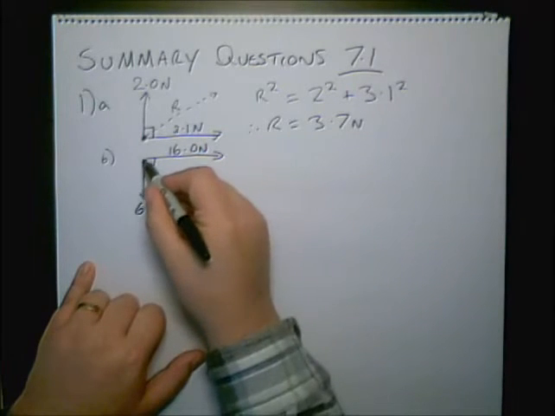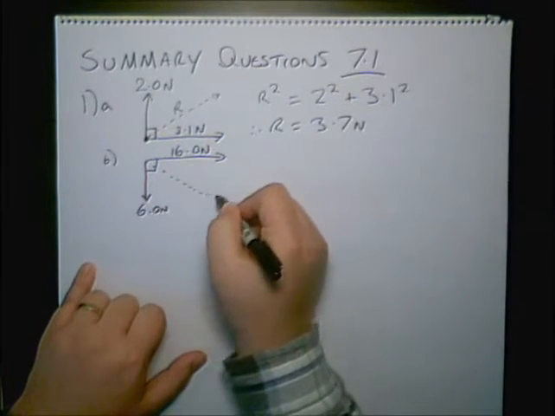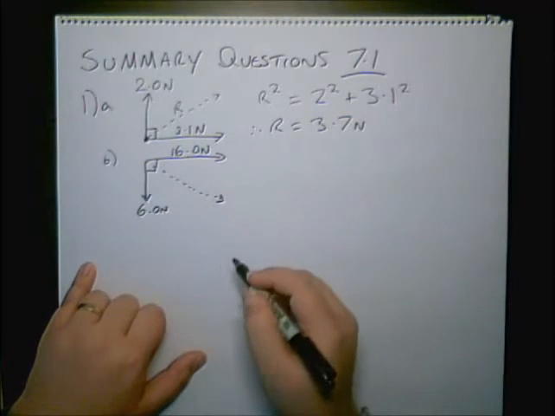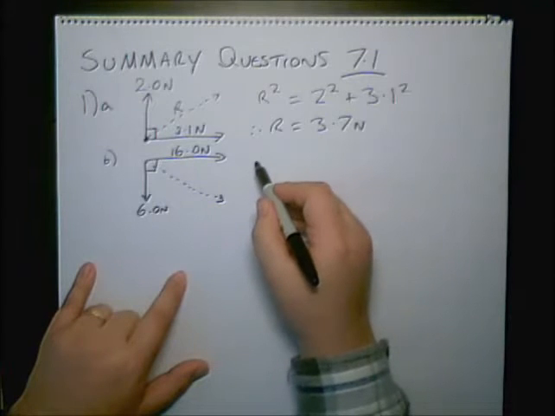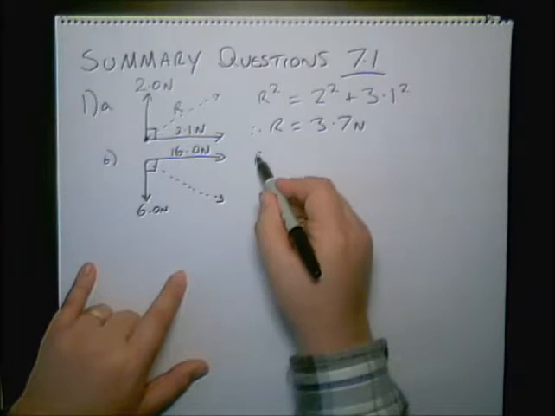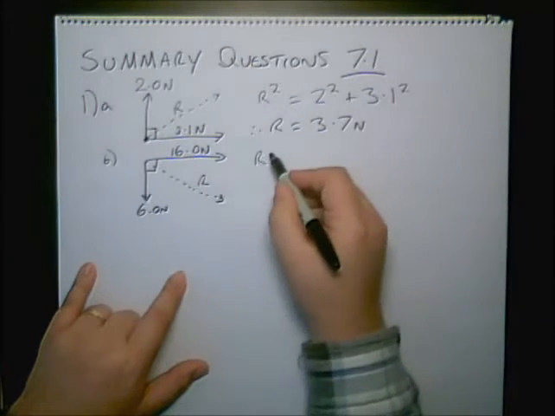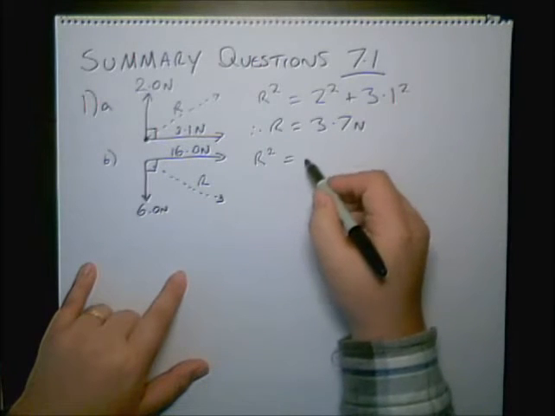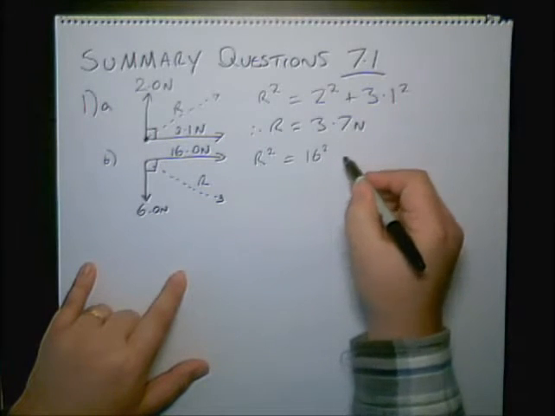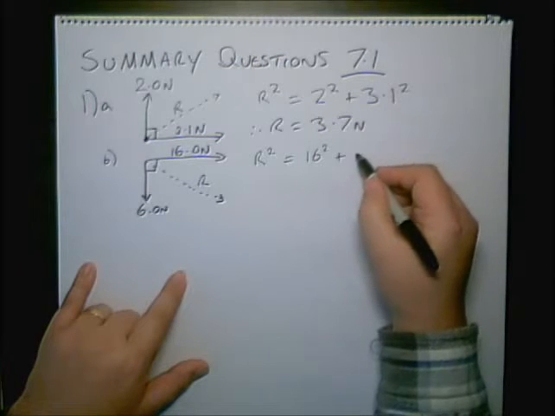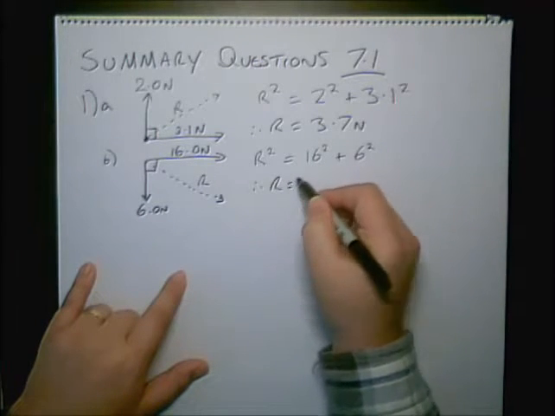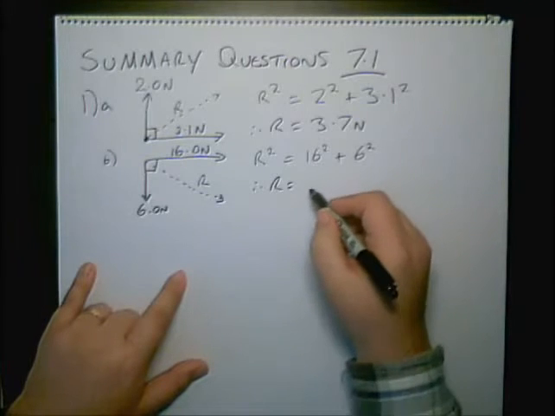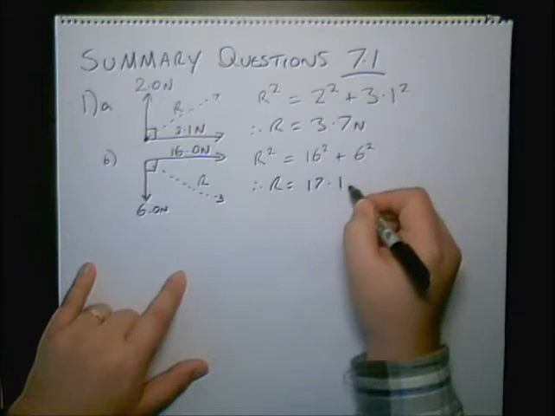And we're now expecting a resultant force in this direction. And the same Pythagoras theorem will apply here. Give this resultant, r squared is equal to 16 squared plus 6 squared, and therefore r will equal 17.1 newtons.